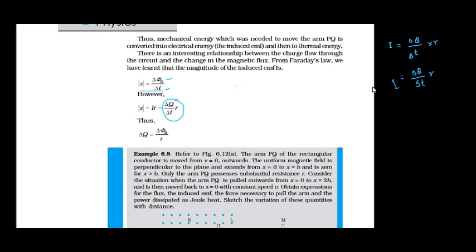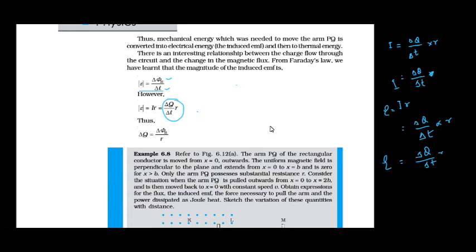E is equal to IR. So put the value of I, that is delta Q by delta t into R, which is delta Q by delta t R. E is equal to this much, and the same we have written here.